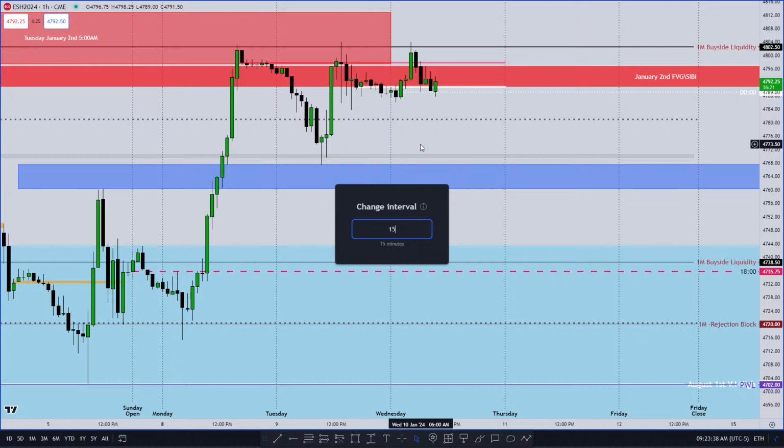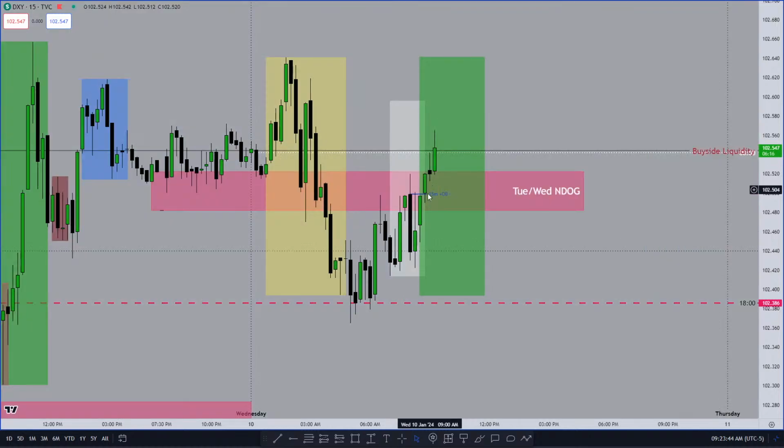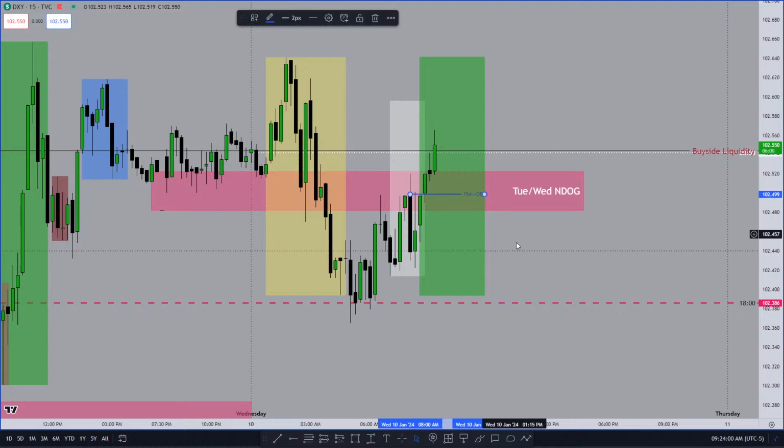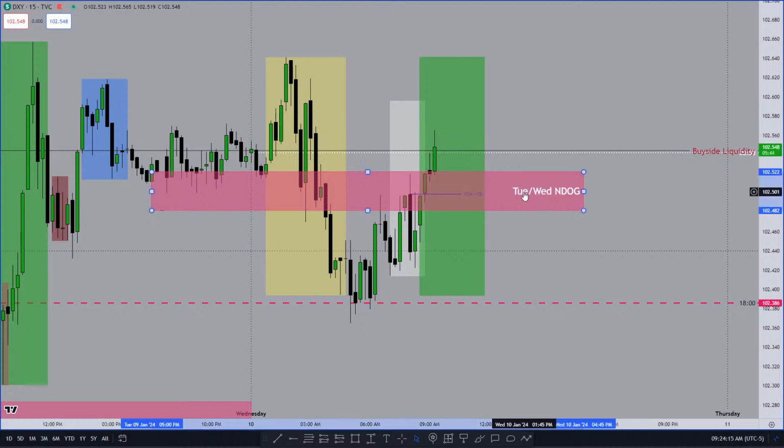So dollar, hold on, let me go back to the dollar. I'm actually watching this 15-minute order block. I was watching it inside of the 8:30 candle, and I'd like to see it be used as support, which it has so far. That lends to the idea of that weekly draw. That lends to the idea of attacking this buy side above the London range, so the high of the 1:45 a.m. candle, and that lends to the idea of the inversion of this Tuesday, Wednesday new day opening gap.